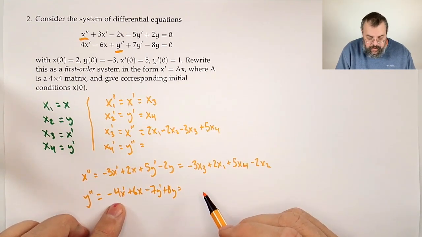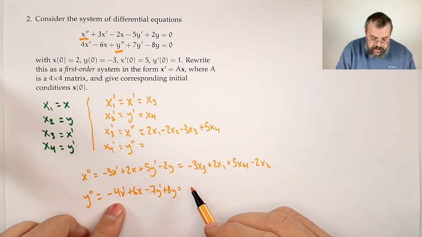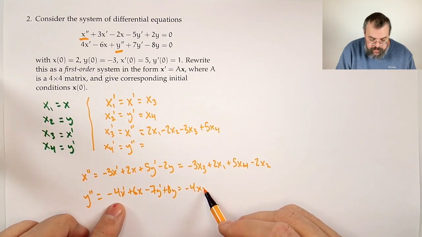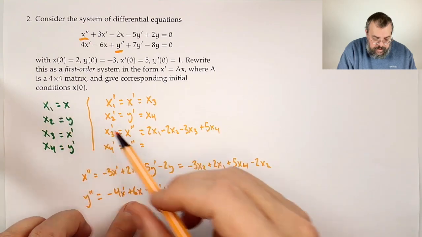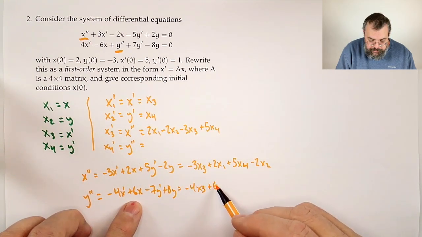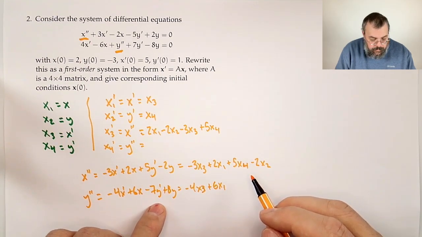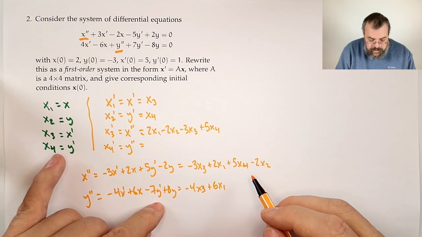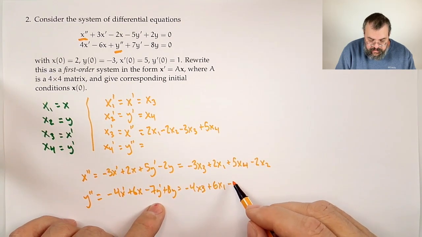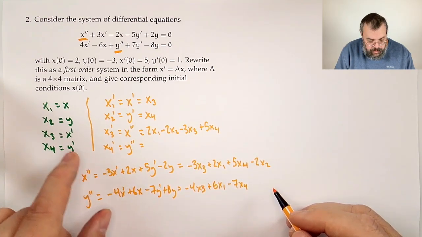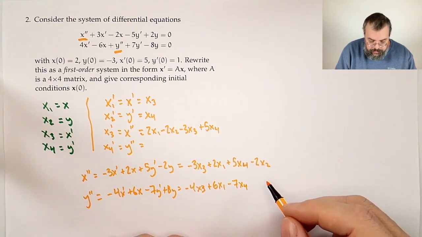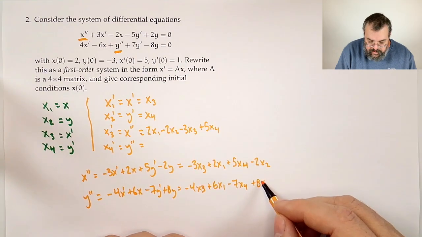And we do the same thing. x prime is x3, so minus 4x3. 6x becomes 6x1. 7y prime, there's x4, so minus 7x4. And 8y is x2, so plus 8x2.